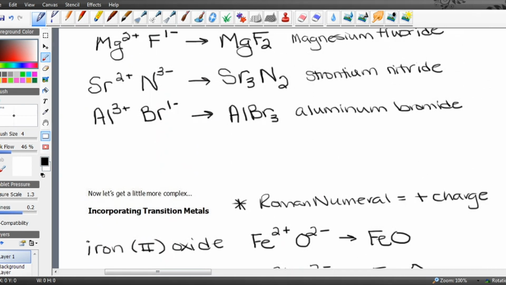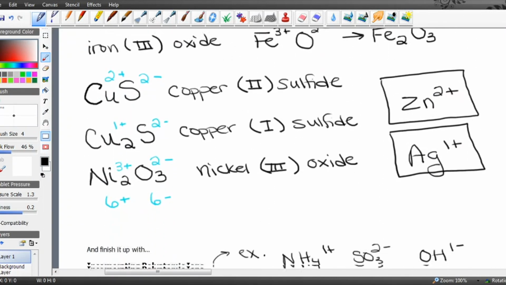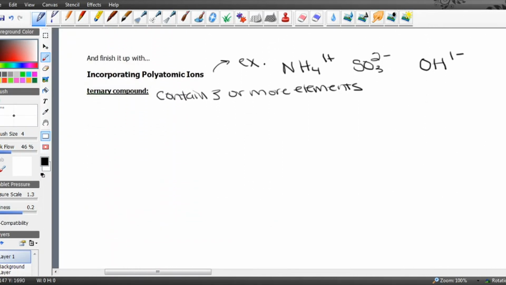They only contain 2 elements, so we call those binary. When we have these polyatomic ions bonding, now we're going to end up with more than 2 elements in our compound.